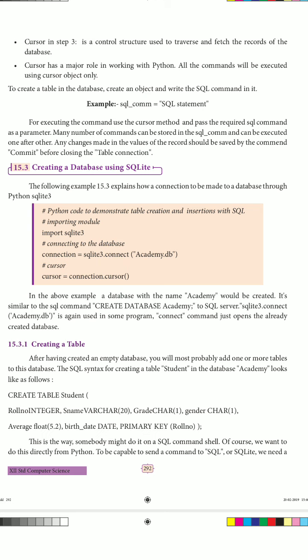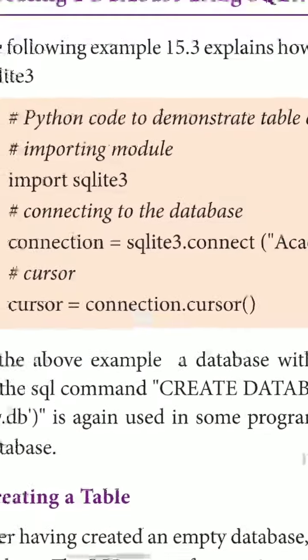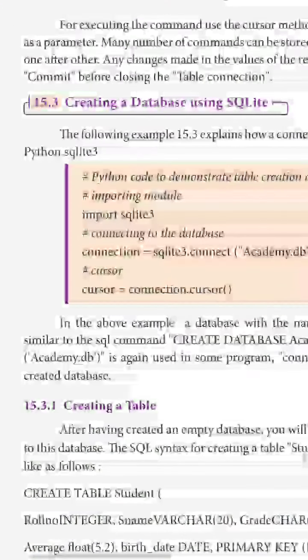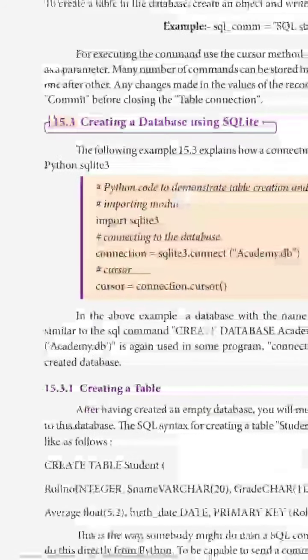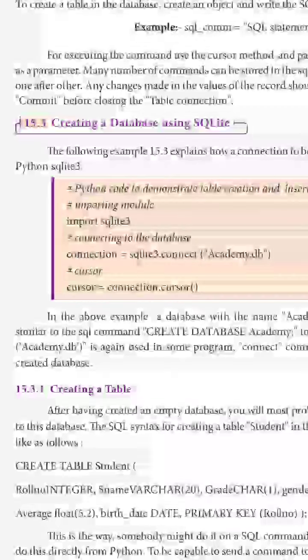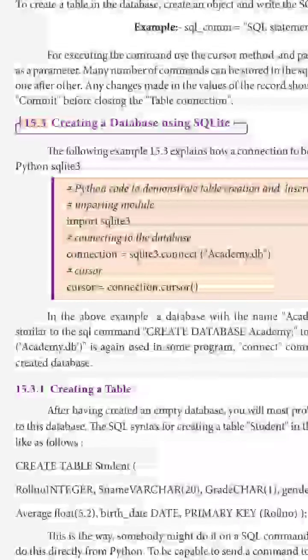Here you can see that they are creating a database. There are three important steps here. First of all you have to import sqlite3, and here they are connecting using a connection variable: sqlite3.connect, giving academy.db as the name of the database.